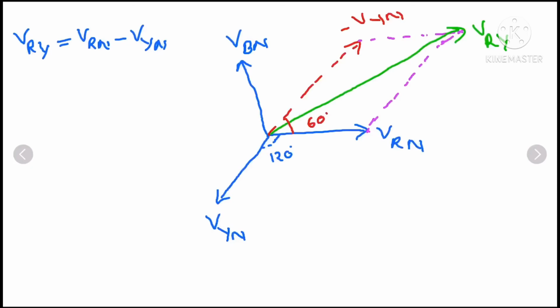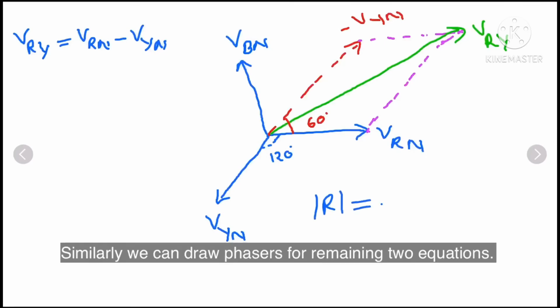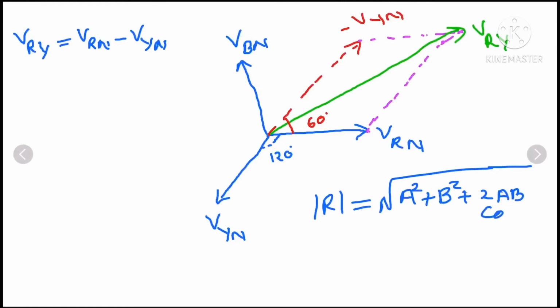Now if you remember the formula for the parallelogram method to get the resultant value: if R is your resultant and its component vectors are A and B, then R equals the square root of A squared plus B squared plus 2AB cos theta, where theta is the angle between A and B.